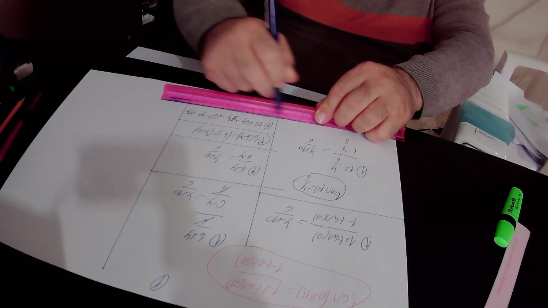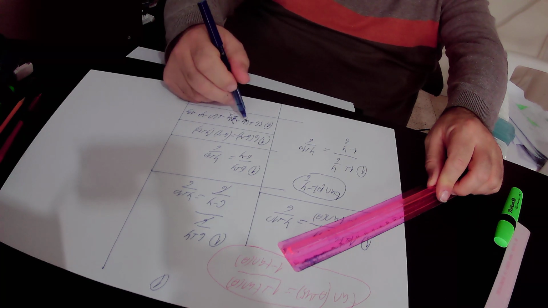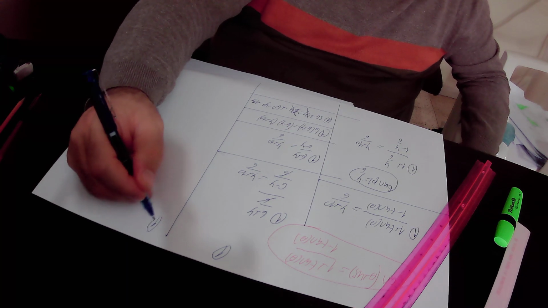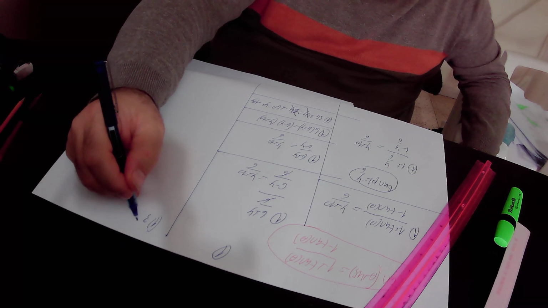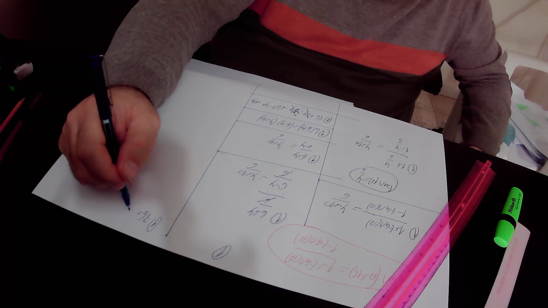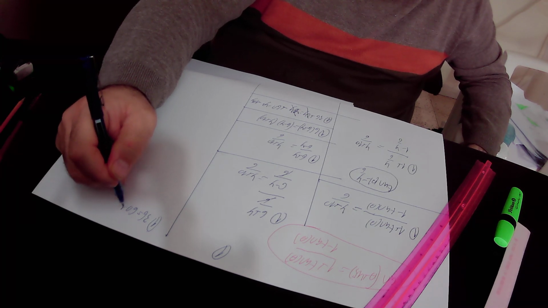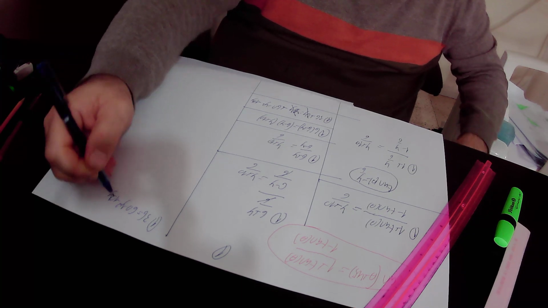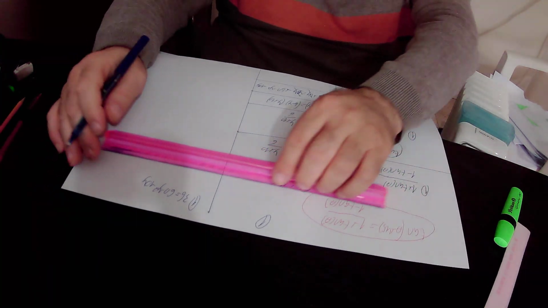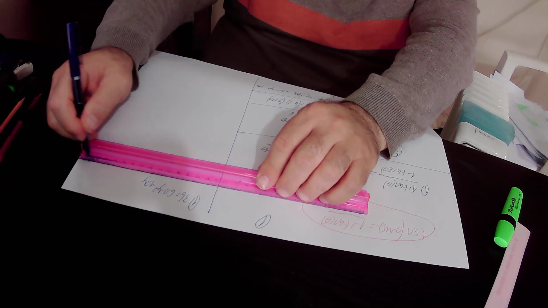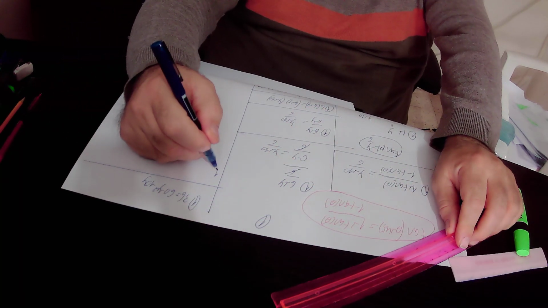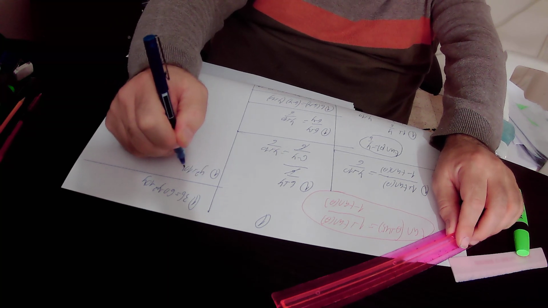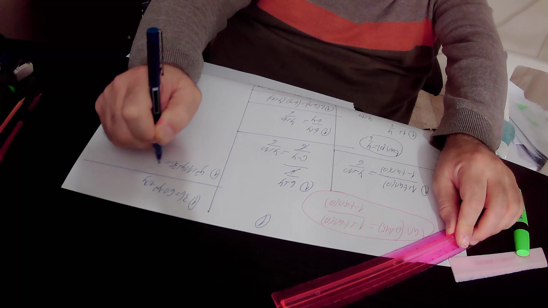Here we have 6y on both sides of the equation, so 6y will get cancelled, and we're left only with 36, that is equal to 60 minus y squared minus 10y. Here we will add 10y and also y squared to this equation, and we get y squared plus 10y plus 36 equals 60.